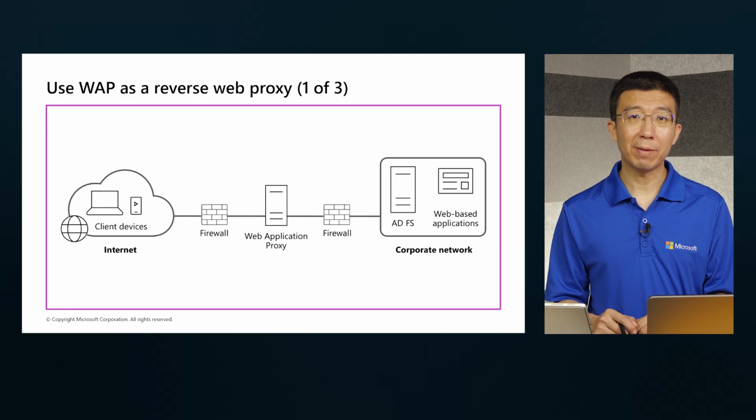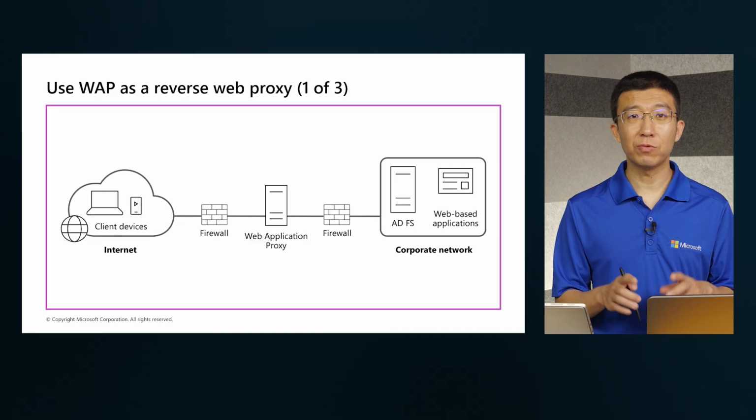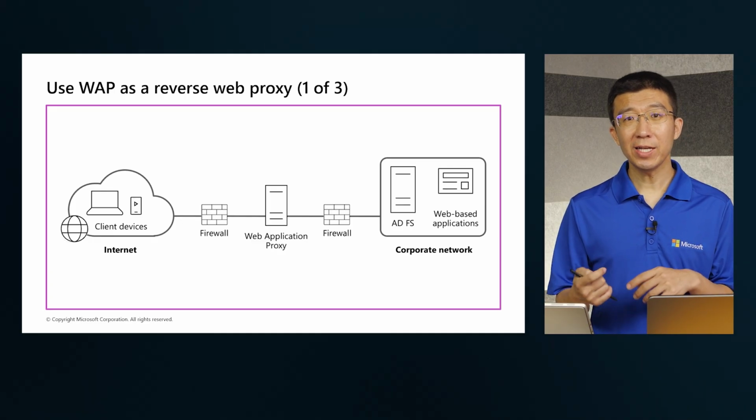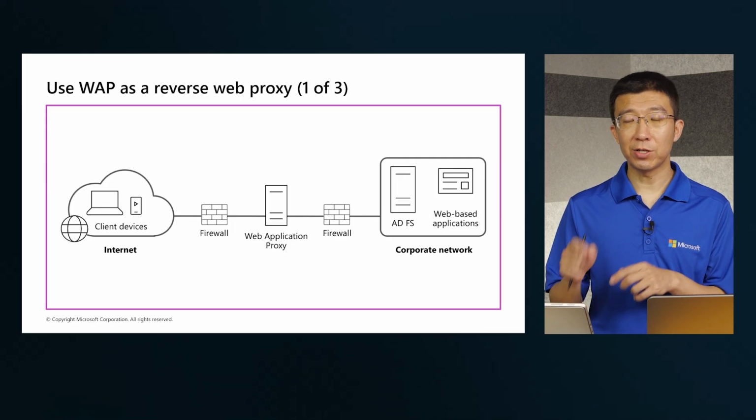Before installing WAP, you must deploy ADFS. WAP is typically placed in a perimeter network between two firewalls, with ADFS and the published applications located on the internal network.